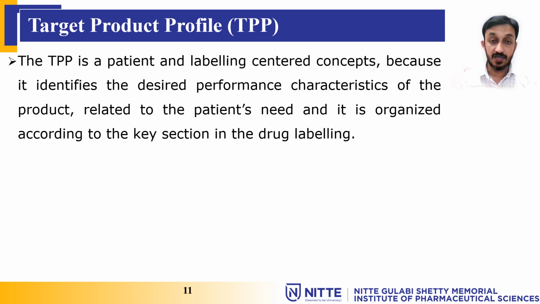Target product profile is a patient and labeling centered concept because it identifies the desired performance characteristic of the product related to patient's need, and it's organized according to the key section in the drug labeling.